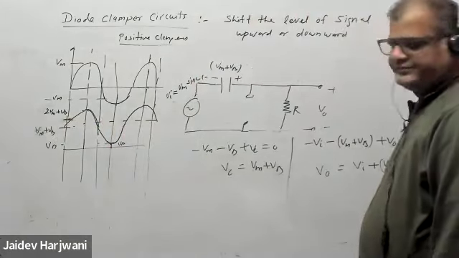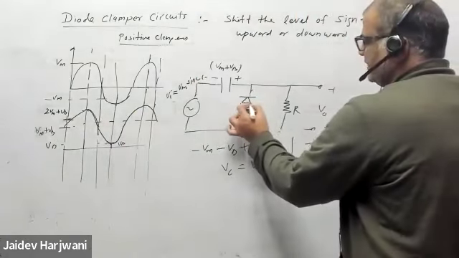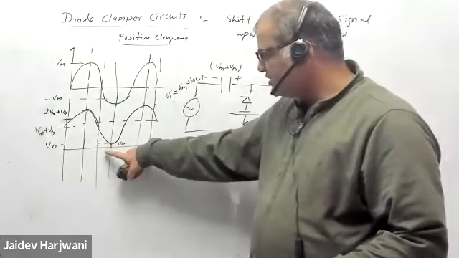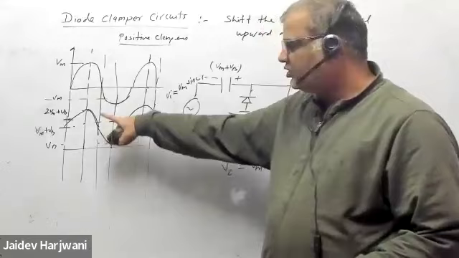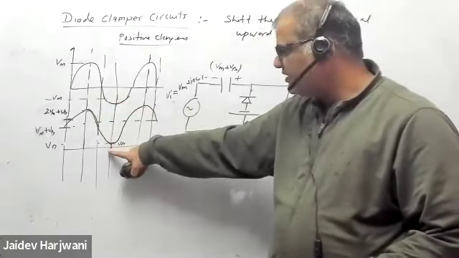Now if you put the battery in the opposite direction, the same thing, this will shift by VM minus VB. So that is your homework.